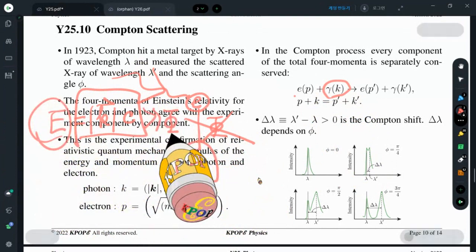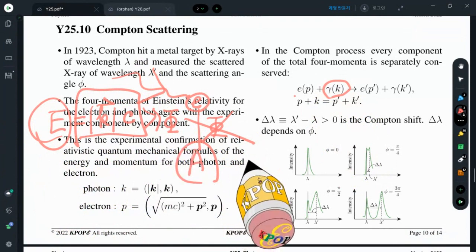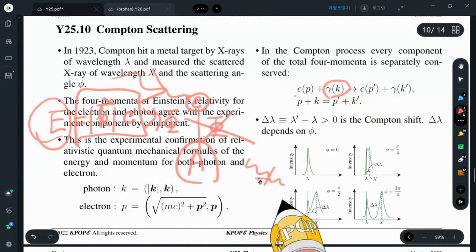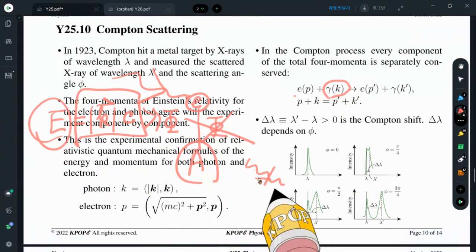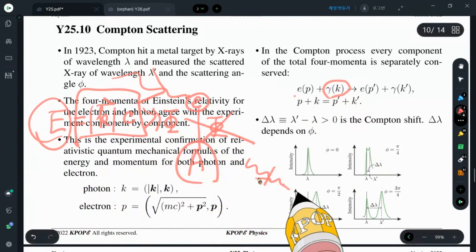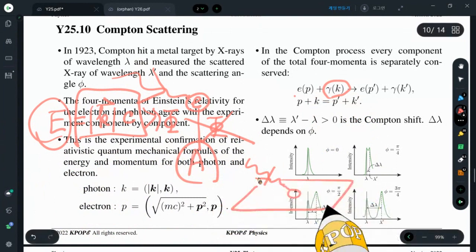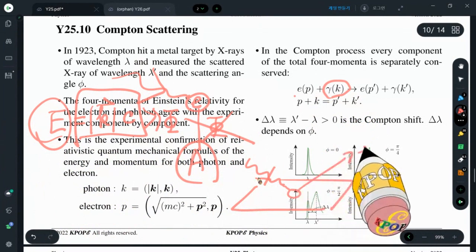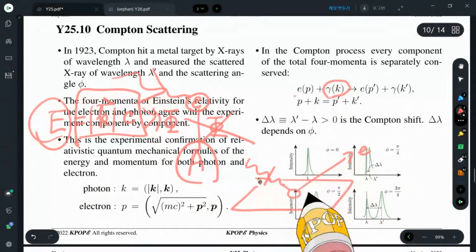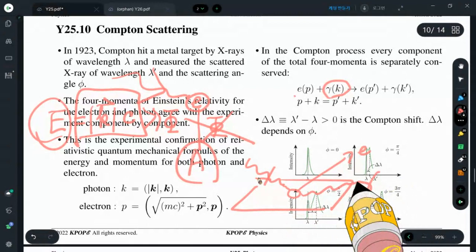In that case, even though we allow an incident electromagnetic wave on a matter surface, both the electron and the radiated photon can be detected in this experiment.